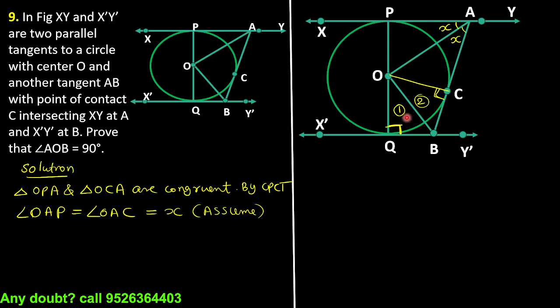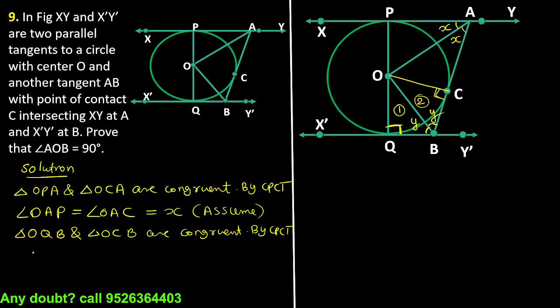So we have to write that step. Triangle OQB and triangle OCB are congruent. So hence by CPCT, this angle will be equal to this angle. Let us make an assumption that this is y and this is y.